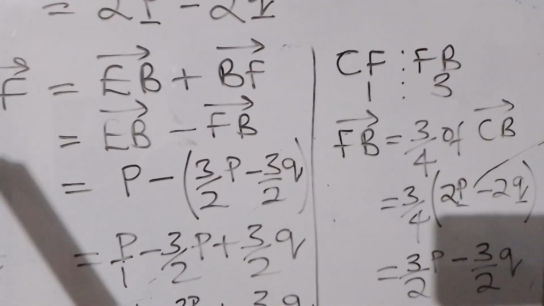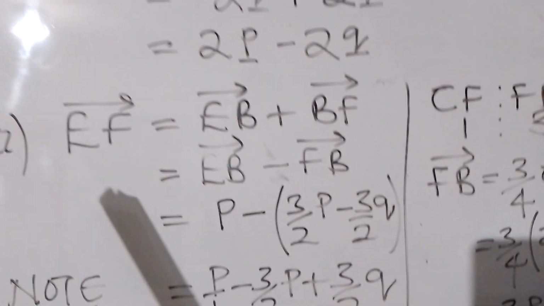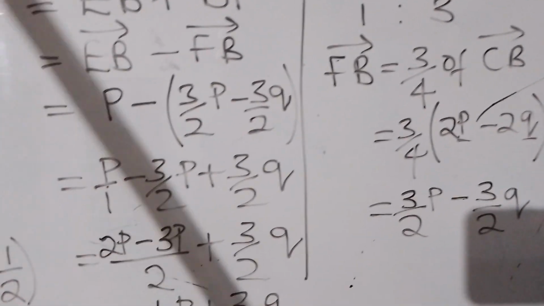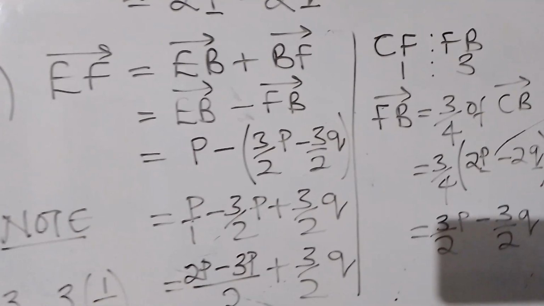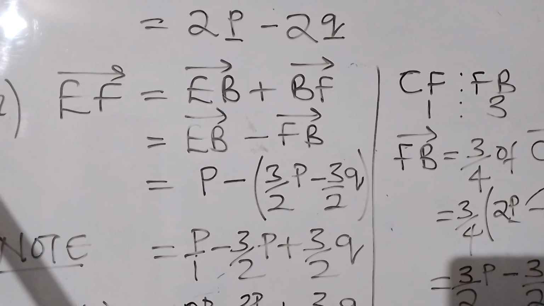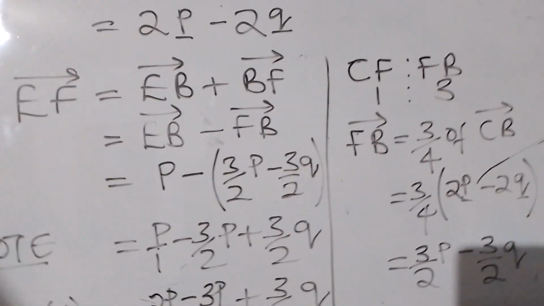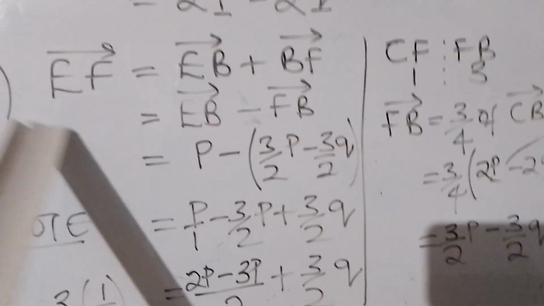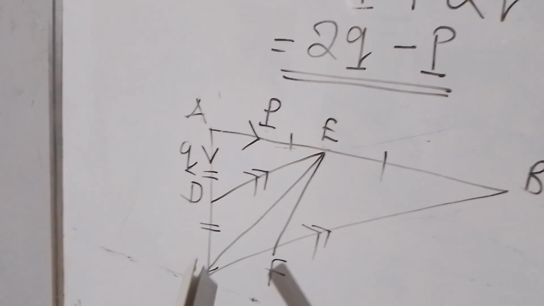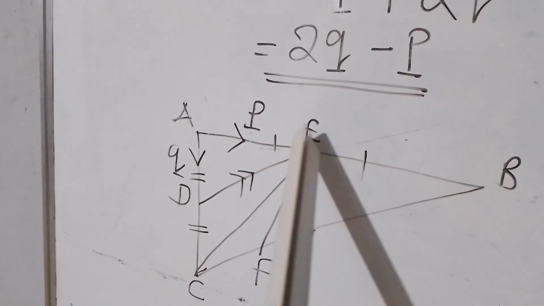Then now, we've been told that we have to show that EF is equal to half 3Q minus P. So we can check from the question. Now, when we start, we go back to the same diagram again. Where is our EF? You check, oh, E is here.